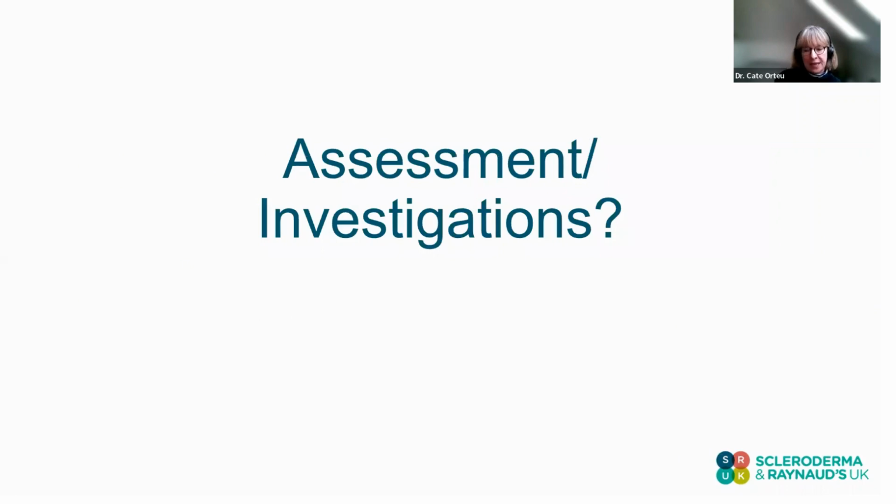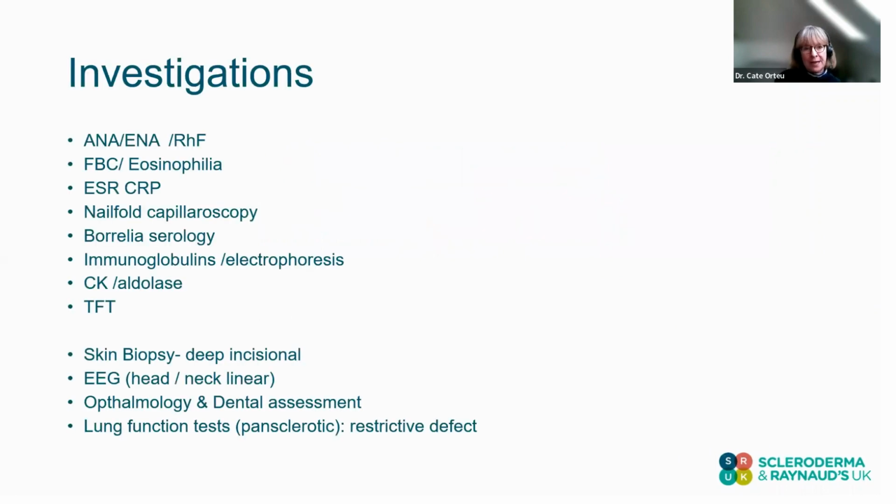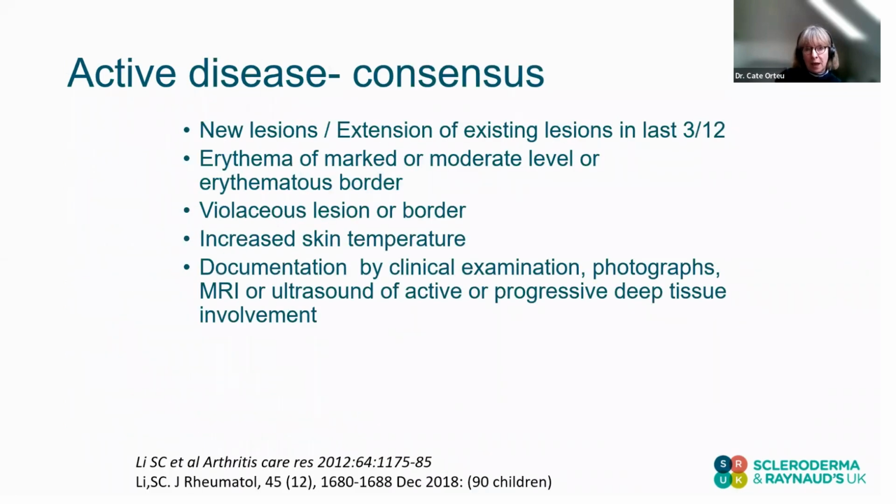So in terms of investigations, I'm going to fly through this, but really you don't have to do any investigations. It is a clinical diagnosis, but we often do a few blood tests. And if there's any question about depth of involvement, we will do a skin biopsy and/or an MRI to assess depth. What represents active disease?